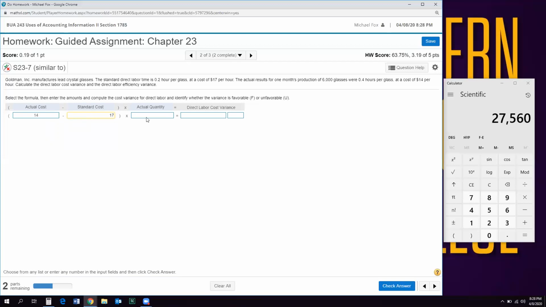And then our actual quantity, that's our quantity of hours, okay? Since our cost is per hour, our actual quantity of hours was 0.4 hours times 6,000, or 2,400.